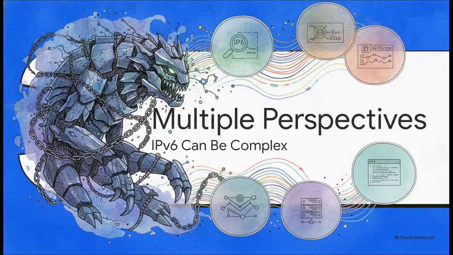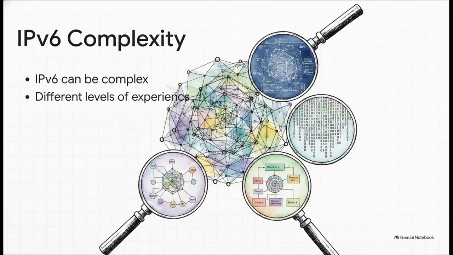Which brings us to Section 3, Power of Multiple Perspectives, Breaking Down Complexity. Let's be honest, IPv6 is undeniably complex, and everyone tuning in has widely different backgrounds and varying levels of experience. Because of that, this tutorial deliberately explains key ideas more than once, and it uses a wide variety of examples.